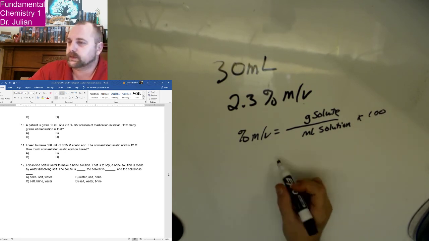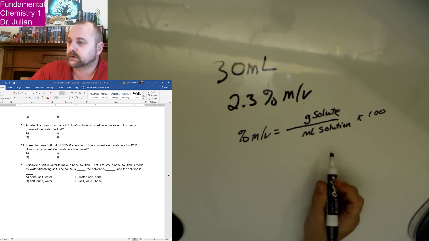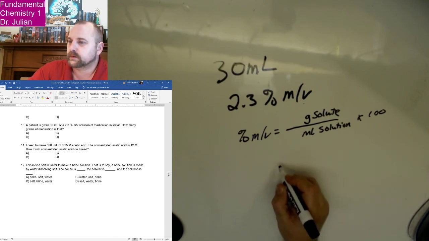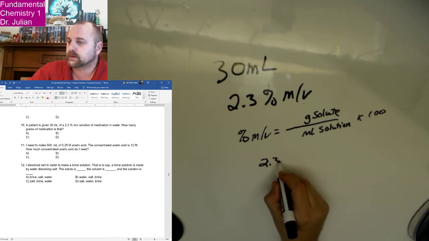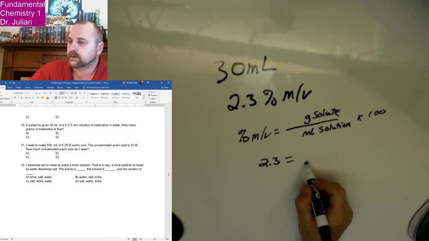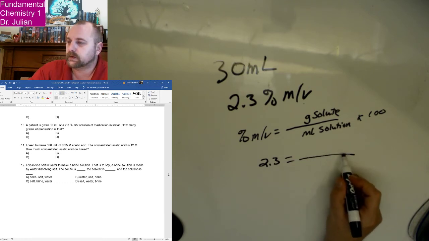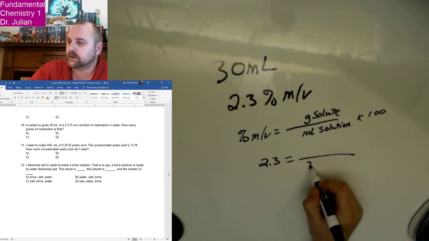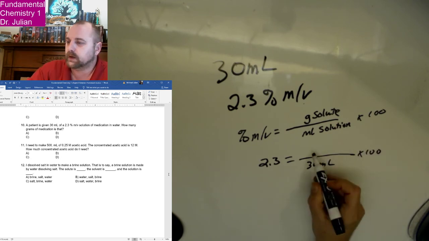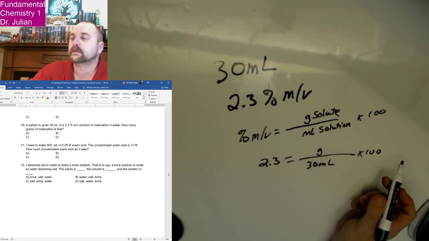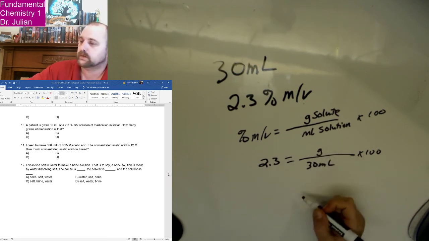And they told me this was 2.3, and this will be 30 milliliters down here, still times 100, and we want to know the grams.